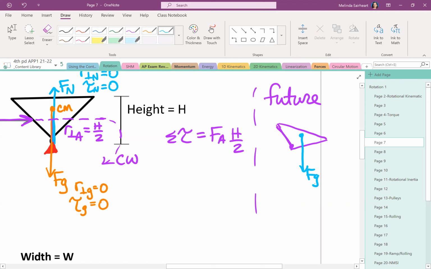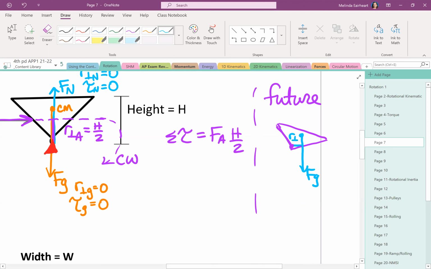So just moral of the story, just because in the present tense, gravity does no torque, in the future it could. In the past it could. These are snapshots in time, forces and torques. So your lever arm on that one would be from your fulcrum to the line of force. You'd have to know angles, you'd have to know more dimensions in order to figure that one out, okay?